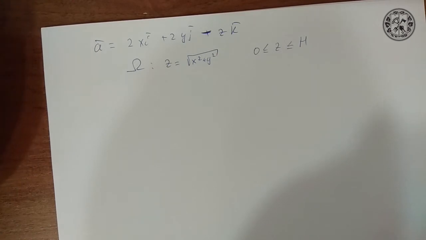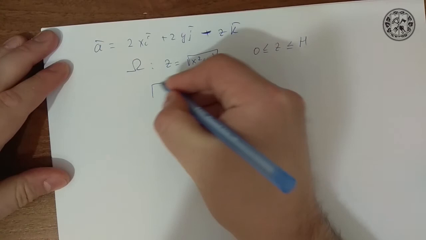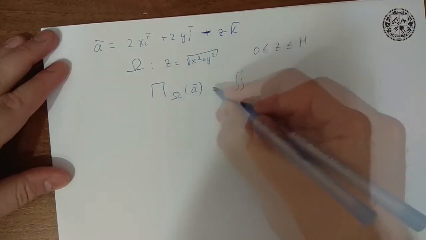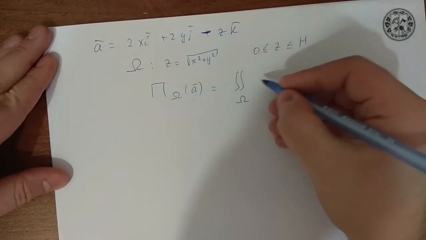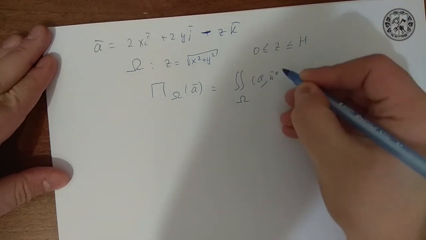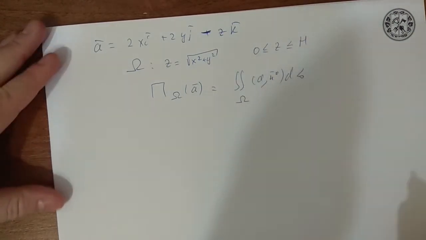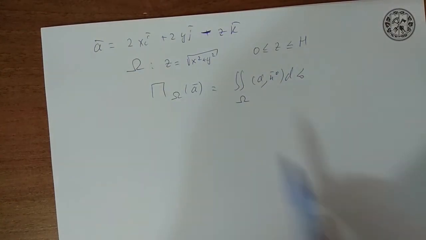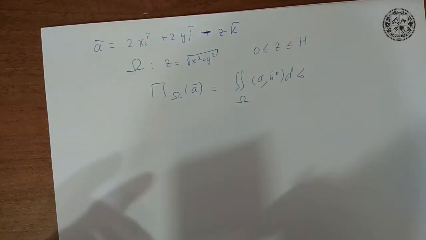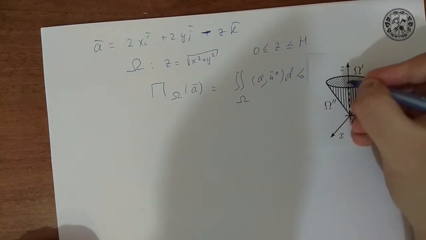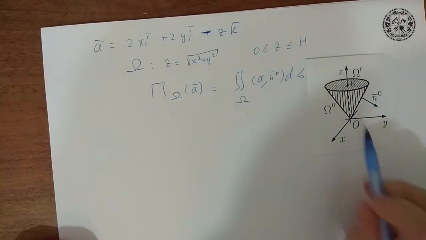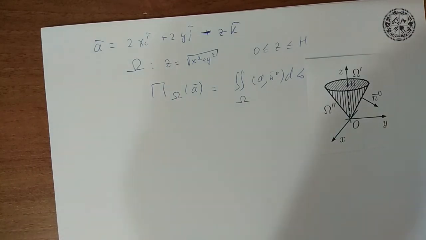And we have to find the flow of liquid through this surface. So the flow of liquid is the integral of the second kind by surface omega of a n 0 dσ. And we have a cone specified by this equation, and it's closed on the top by a lid at the level h. Now here we have a surface that surrounds some body, so we can use the Gauss theorem.